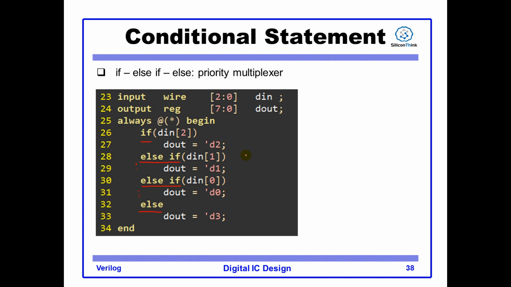The function of this code segment is, according to the value of D_in, it will select different data to D_out. So you need to remember this line has a higher priority. If it's 1, or if it's 2, this line will be executed and all the other lines will not execute.